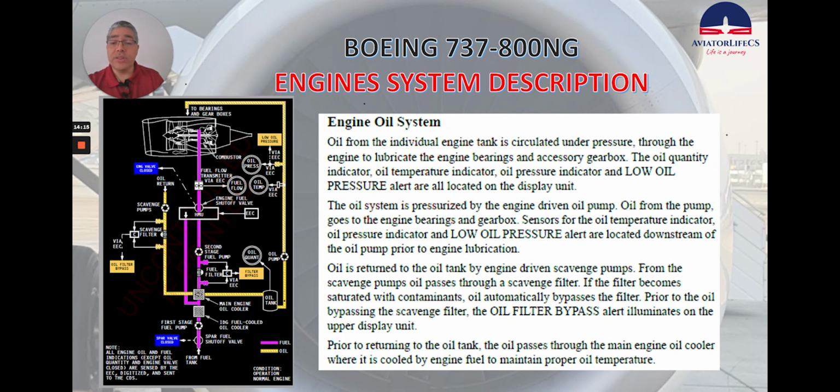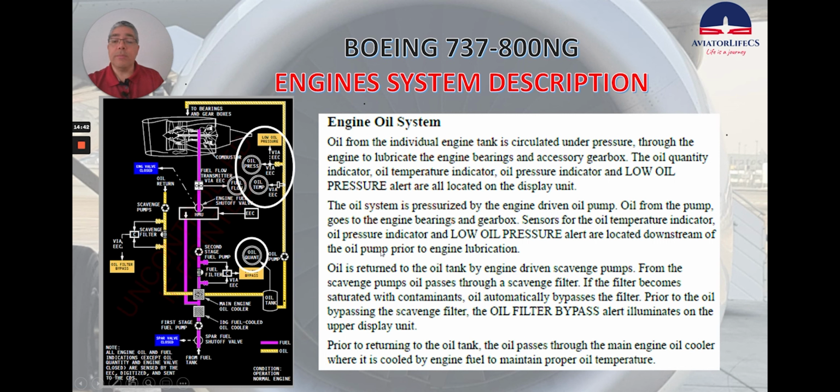The engine oil system. Oil from individual engine tank is circulated under pressure through the engine to lubricate the engine bearings and accessory gearbox. The oil quantity indicator, oil temperature indicator, oil pressure indicator, and low oil pressure alert are all located on the display unit.